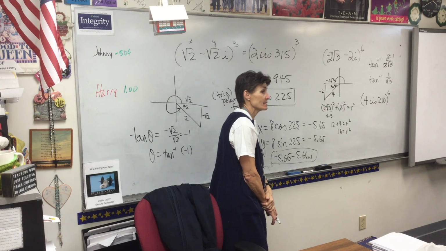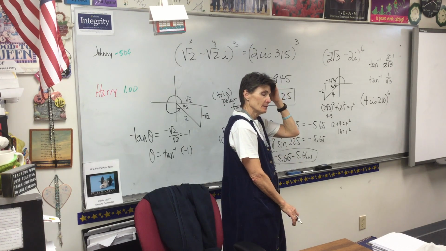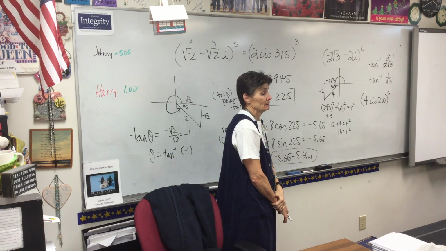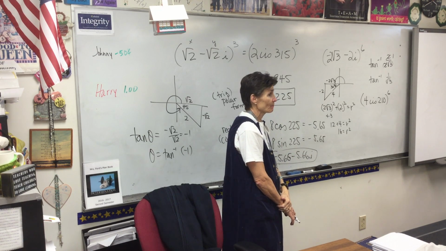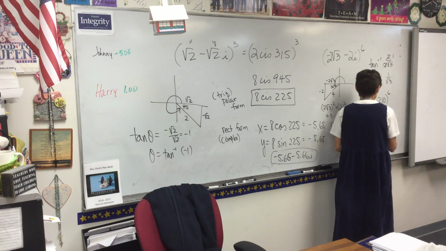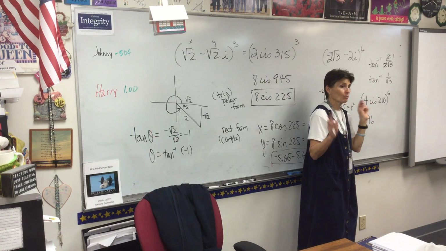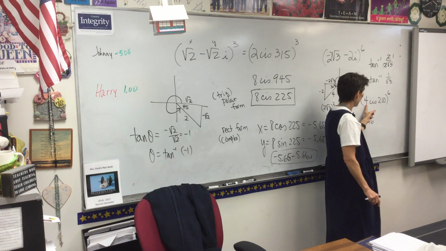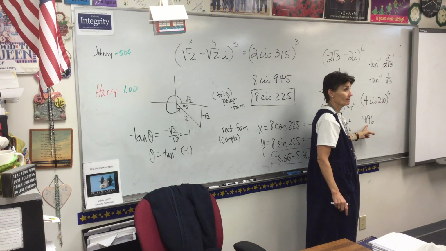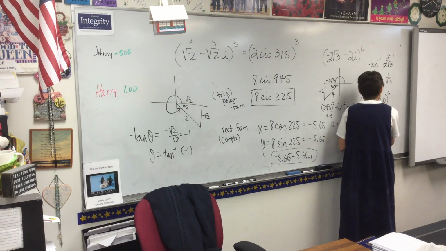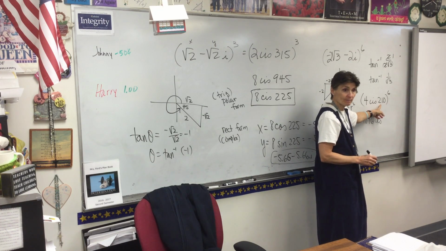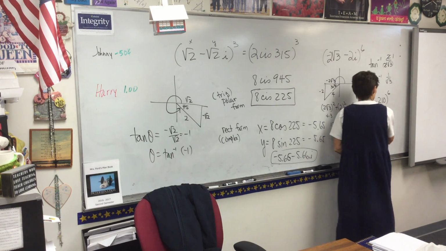Now we're going to take it to the 6th. I need your help. 4 to the 6th. I don't know what that is. 4,096. Remember, de Moivre's theorem, our rule says we take r to the power, so 4 to the 6th, and then we take the angle times the power. 1,260.